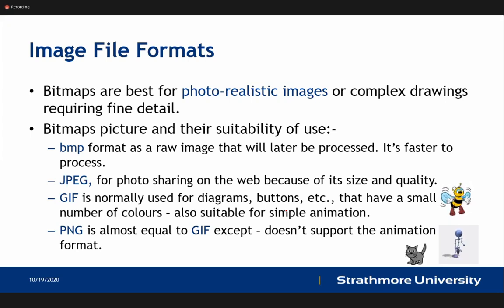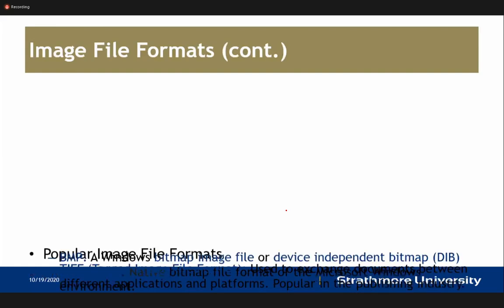You know the JPG, this is very common, which is the Joint Photographic Experts Group. You also have the GIF, graphical interchange format, and the PNG, which is the portable network graphic, something like that.